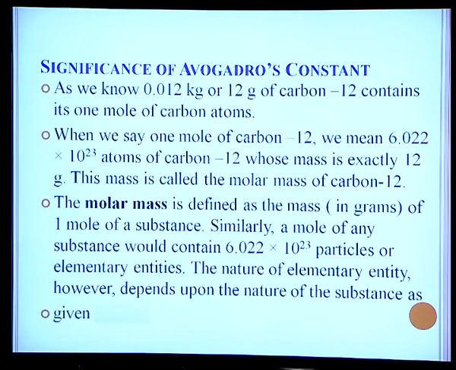This mass is called the molar mass of carbon-12. Molar mass is defined as the mass in gram of 1 mole of a substance. Similarly, a mole of any substance would contain 6.022 into 10 to the power 23 particles or elementary entities. The nature of the elementary entity, however, depends upon the nature of the substance, as given here.